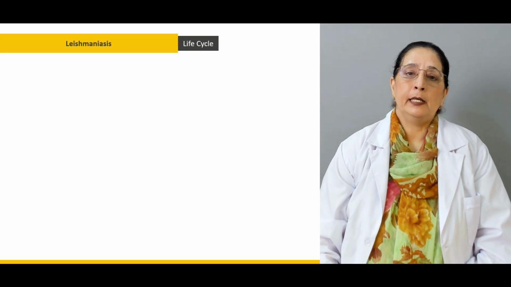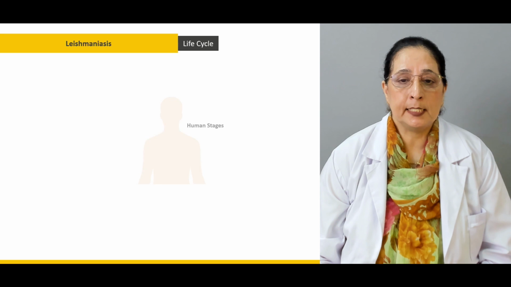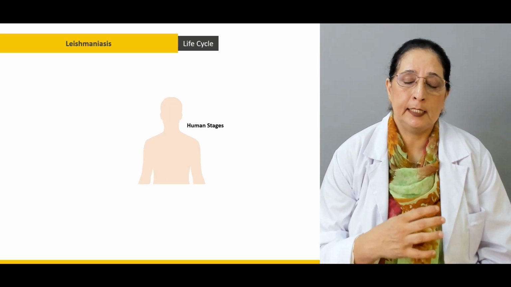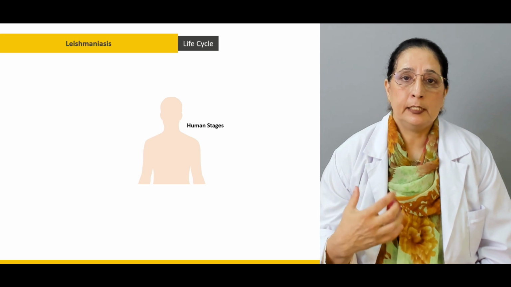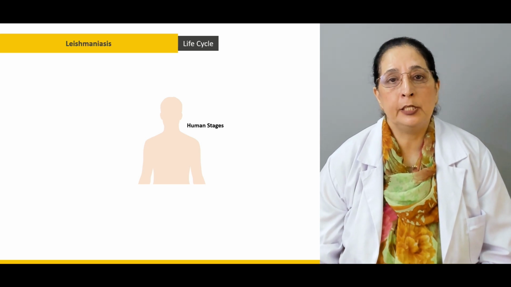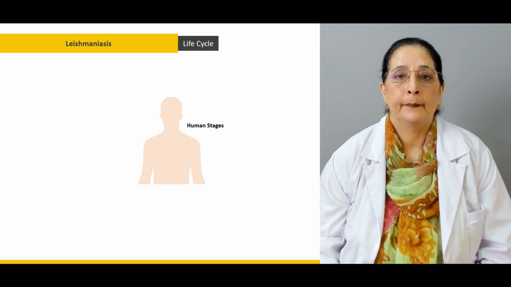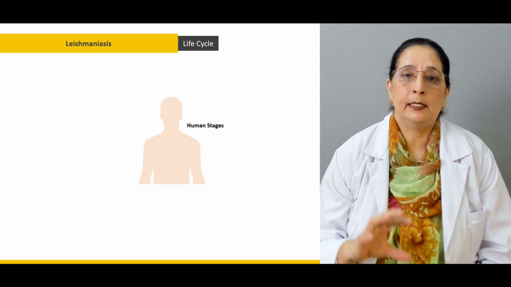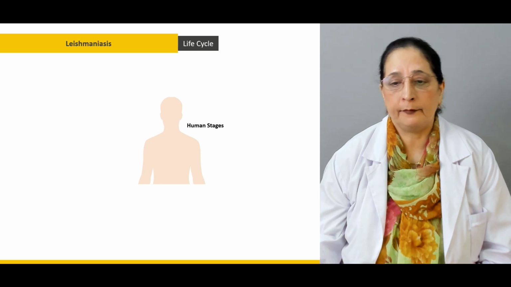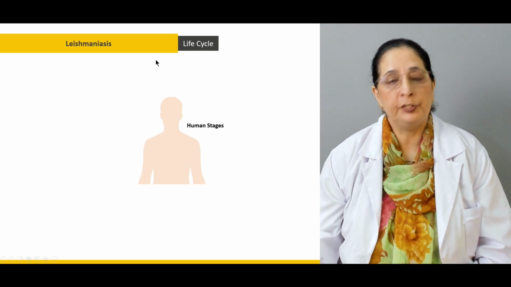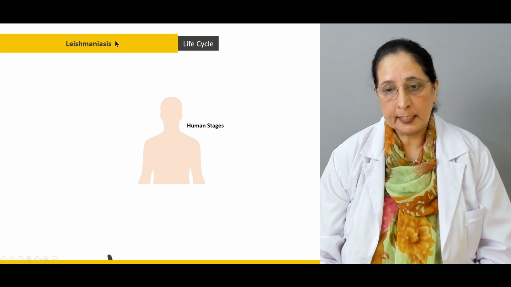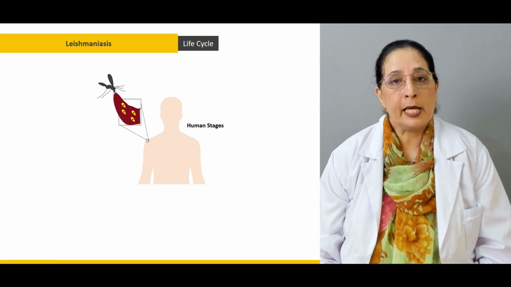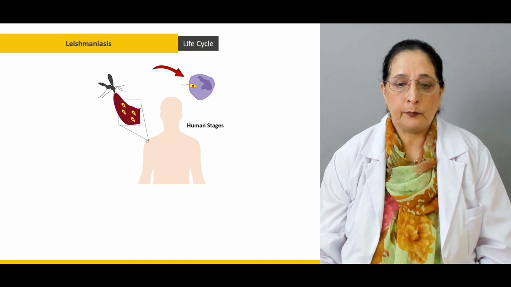The life cycle of leishmaniasis has two stages, the human stage and the sandfly stage. It is caused by the bite of the sandfly. We have the human stage of leishmaniasis, and this human stage begins with the bite of the sandfly.